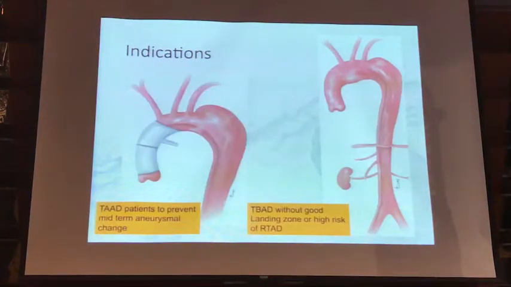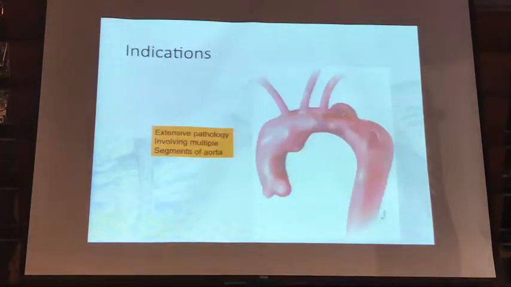In patients with previous type A dissection and residual arch and descending problems, we'll do it. Also for complicated type B dissection without a good landing zone, it is indicated. And for multiple segment aortic pathology, in order to reduce the number of re-interventions, we also do this.